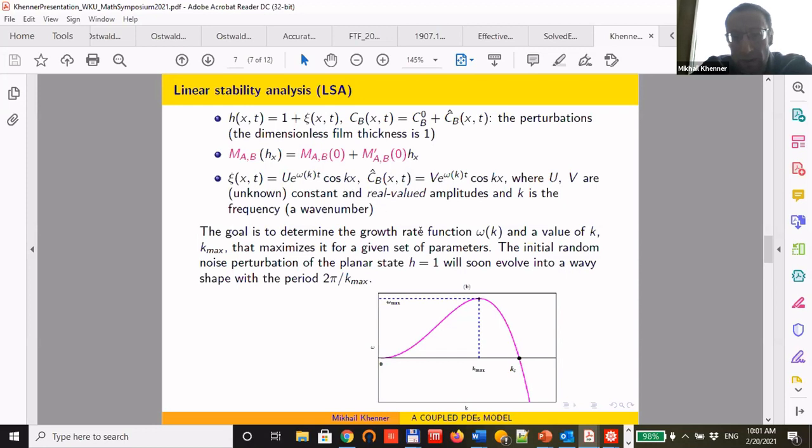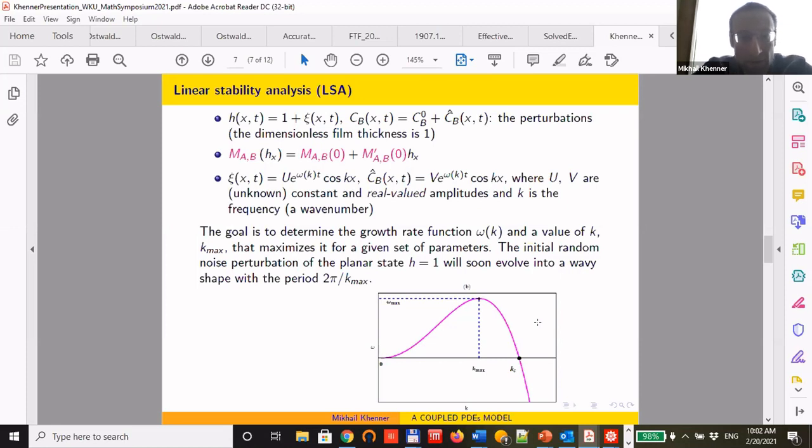And so the goal is of course to find for which values of k this growth rate will be maximum and positive. This maximum value of k, which delivers the maximum of omega, will be the one which will be seen in the experiment, because that perturbation will grow the fastest.